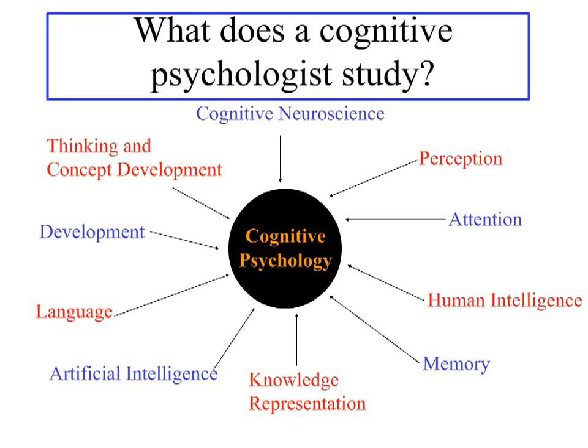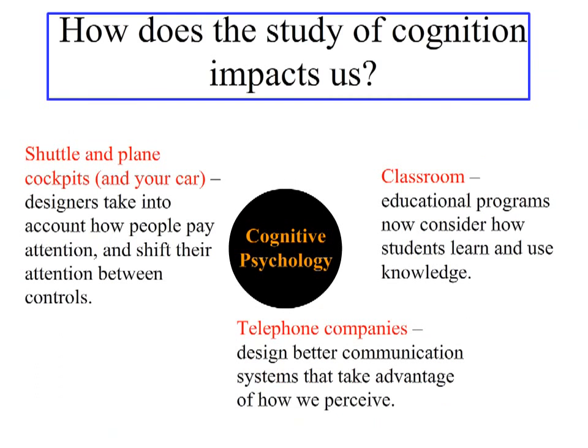We're also interested in human intelligence, memory, how knowledge is represented, artificial intelligence, language, child development and adult development, thinking and concept development. So you can see that there's a whole range of things that fit within the scope of cognitive psychology.